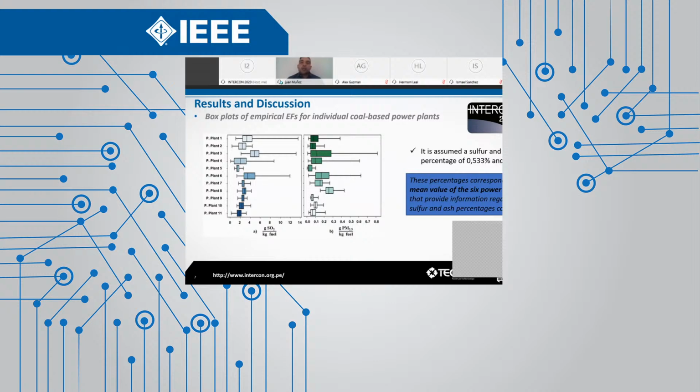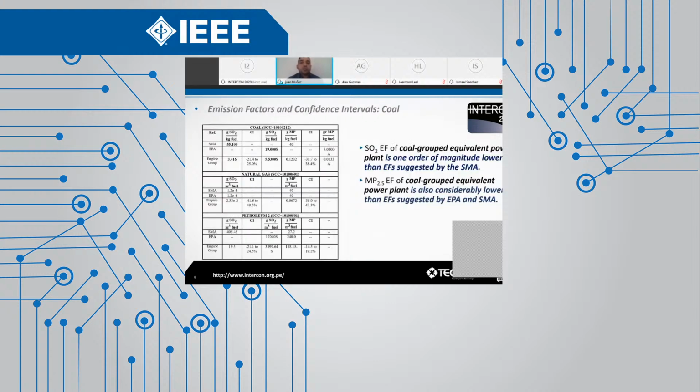In terms of comparisons with respect to the SMA and EPA databases of emission factors, what we got is that this empirical emission factor, computed for the plants lumped together according to fuel type, so coal, natural gas, and petroleum, is considerably lower than the emission factors provided by these databases.